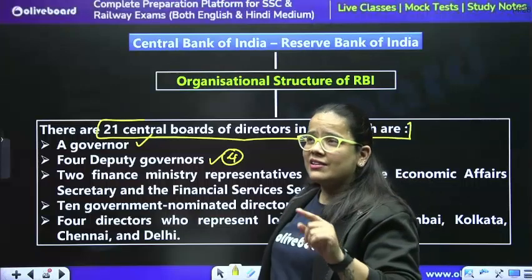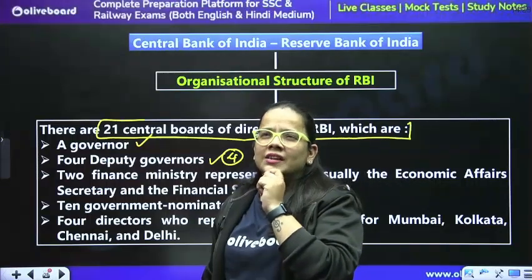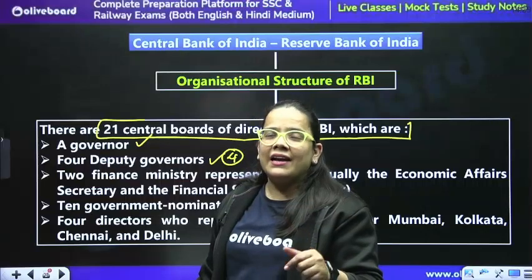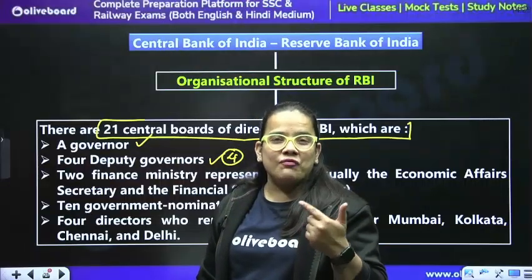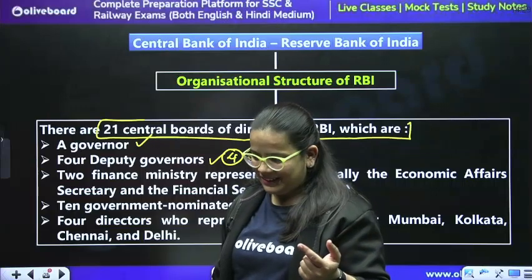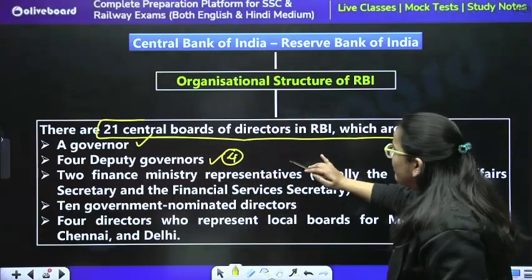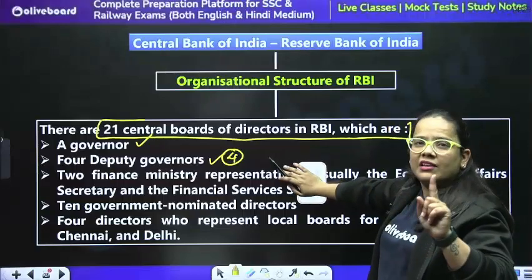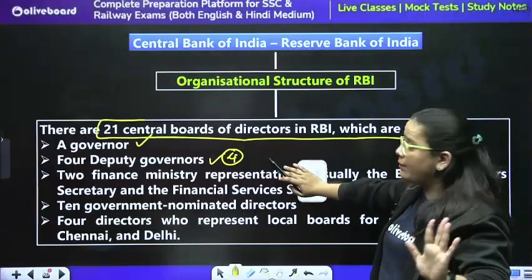Recently, I guess in the month of September, you heard the news that RBI is asking for applications for the deputy governor post. Anyone read this news? No? Okay, leave it. So four deputy governors. Keep in mind, these five persons are very important in the RBI structure.